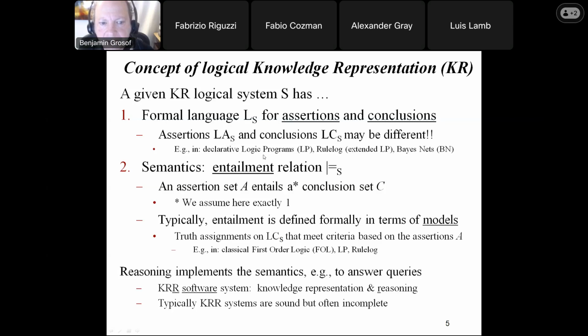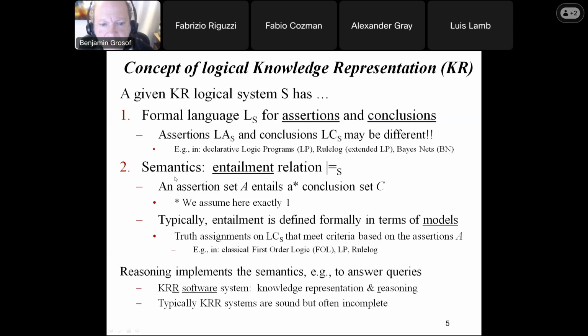So for example, in the declarative logic programs KR, the RULOG KR, which is an extended form of LP, the logic programs, and also, for example, in BayesNets, there are non-overlaps between the assertions and the conclusions.